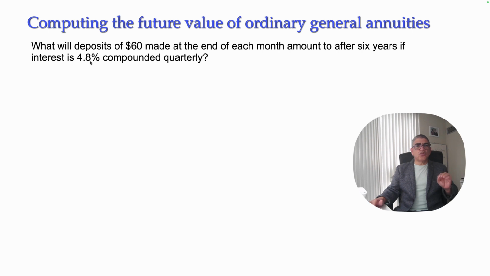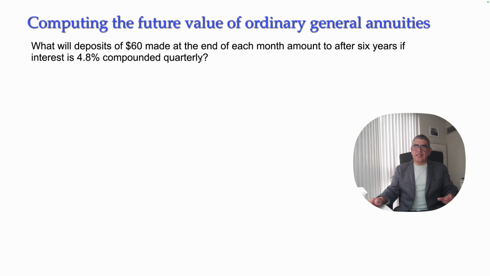The interest is 4.8% compounded quarterly. So we have a problem of a general annuity because the payment period is a month and the conversion period is a quarter. It's also an example of an ordinary annuity because the payments are made at the end of each month. So this is an example of an ordinary general annuity.